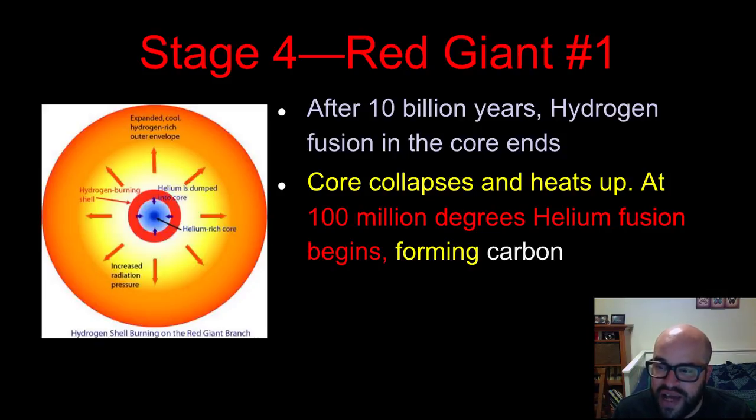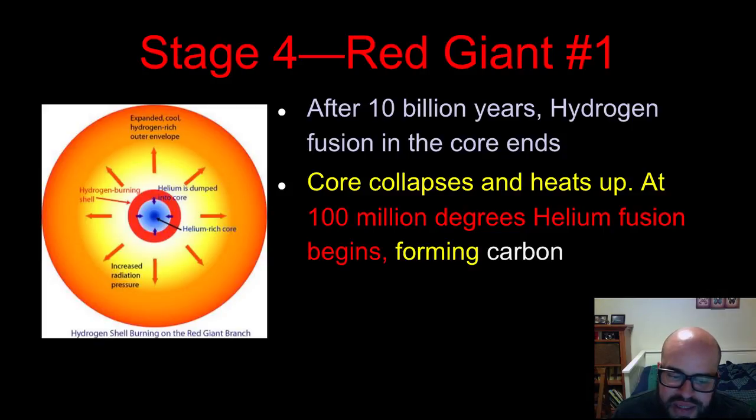And when it runs out of hydrogen, the core collapses, it heats up to 100 million degrees, and then it starts fusing helium together to make carbon. So all that helium that came from those 10 billion years of hydrogen fusion is now coming together to make carbon.